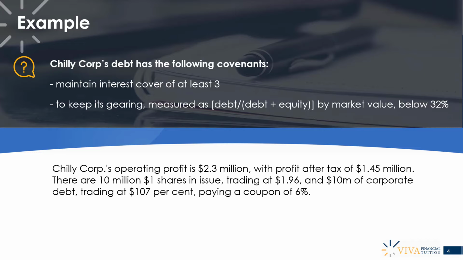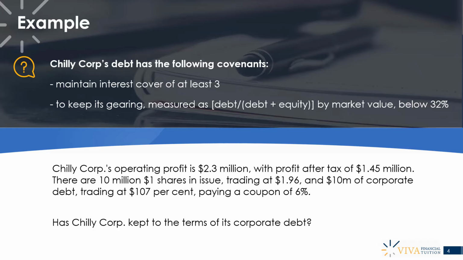So $107 basically means each 100 block is $107, so 7% higher. And the coupon of 6%, that means that the debt is paying interest of 6%, and that is always of $100, 6% of $100. Not of the market value, it's of the book value. Okay? And the question's asking us, has Chili Corp kept to the terms of its corporate debt?